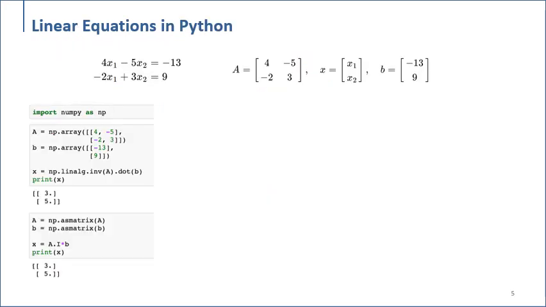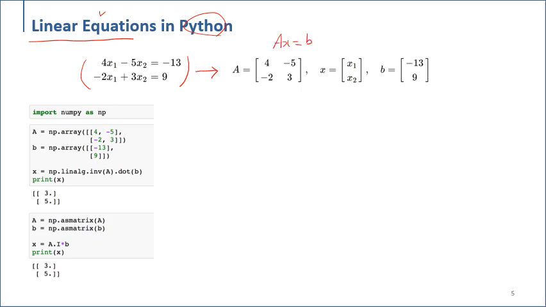So far we have learned the basics of linear equations, and let's implement these in Python to solve the set of linear equations. For the given set of linear equations, we first need to rewrite them in matrix form, Ax equal to b.